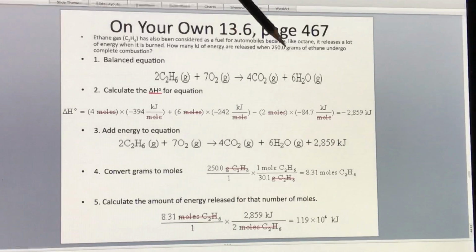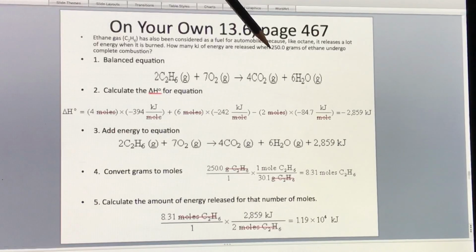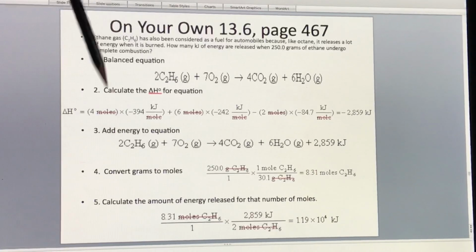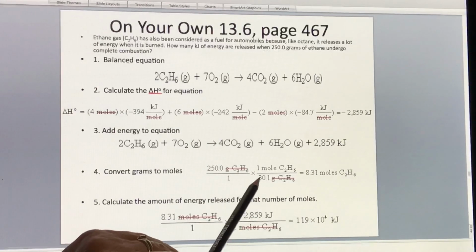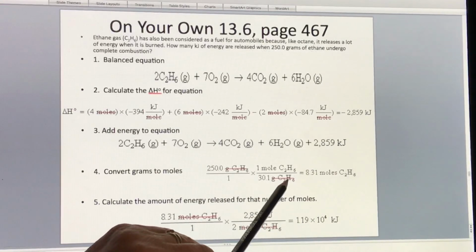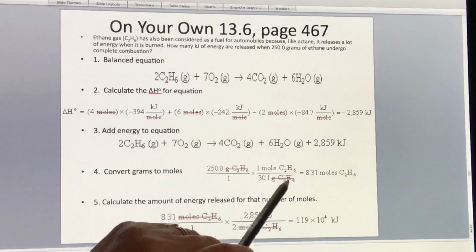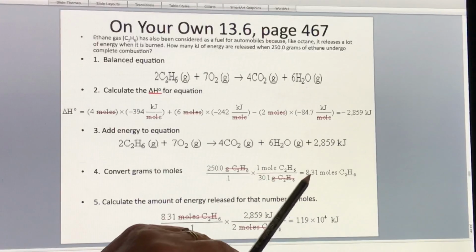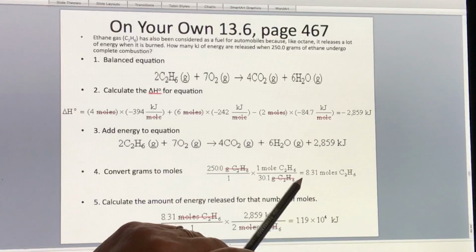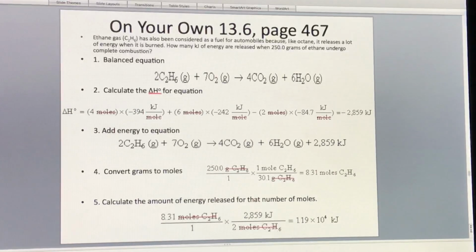Now we need to convert our 250 grams to moles by calculating the AMU for the C2H6, which is 30.1 grams per mole. We multiply the 250 times our conversion factor, and we find that 250 grams equals the same as 8.31 moles.